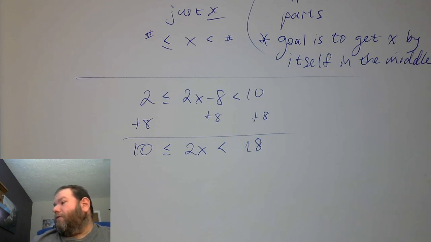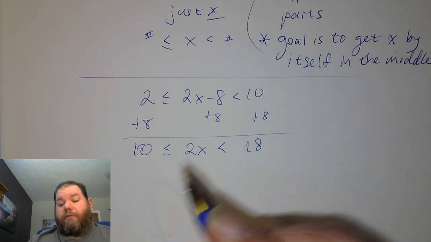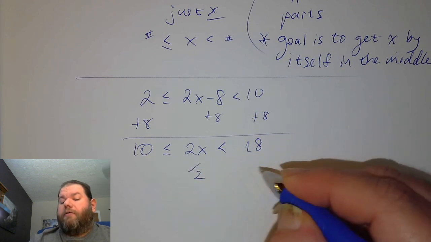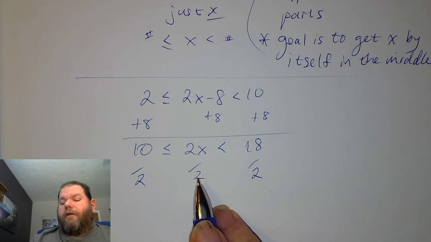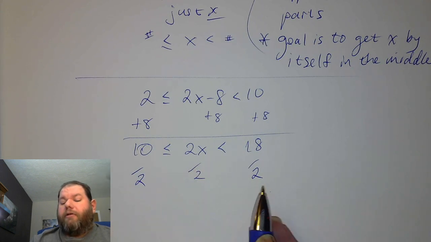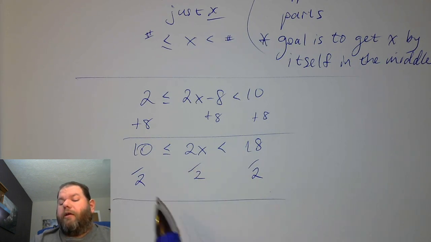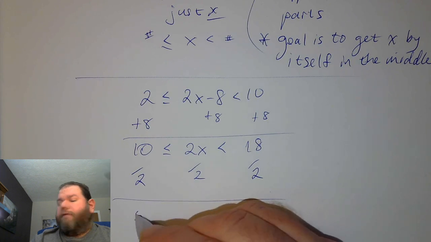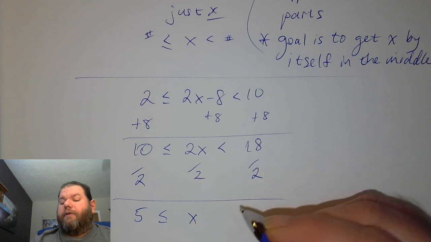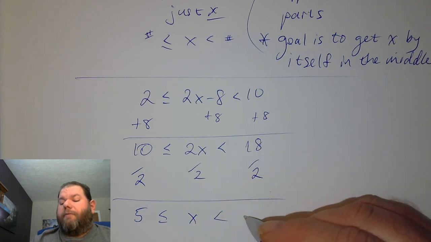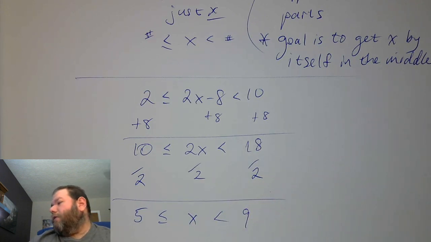Divide. Yes, we can divide by 2. And again, that dividing by 2 here, we repeat that here and here. And 10 divided by 2 gives us a 5. 2x divided by 2 is x. And 18 divided by 2 is 9.